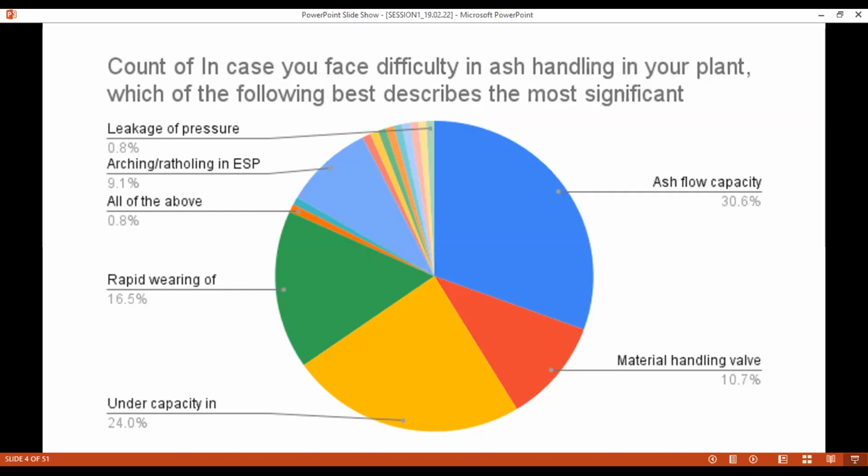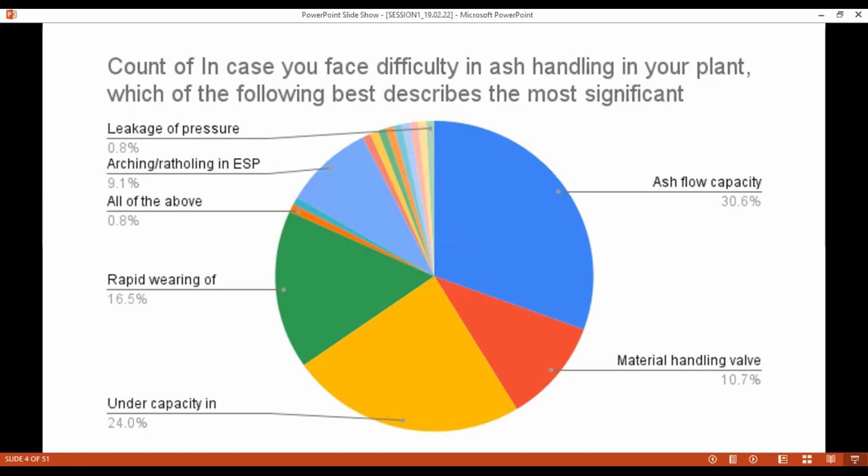Then we have about 16% rapid wear of the pipes, material handling valves, and bends. So capacity issues have been raised by about 55% of the persons.